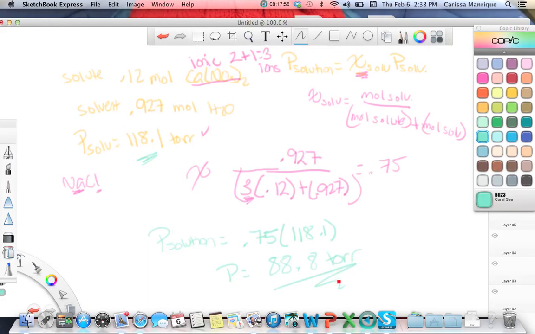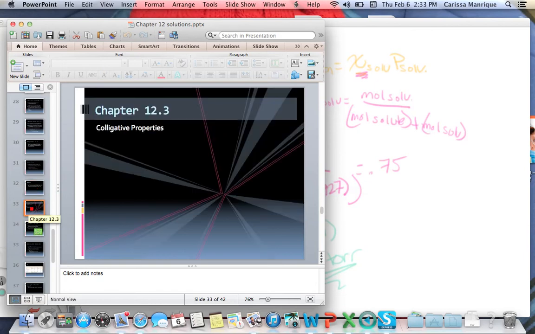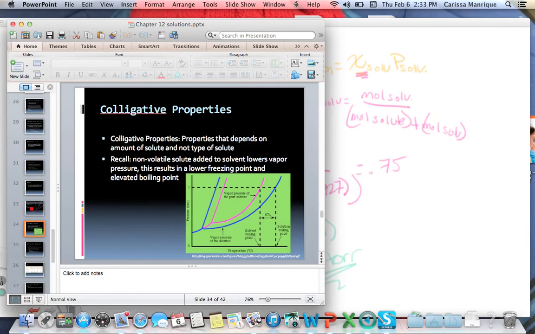So an ionic compound will always have more of an effect. We usually use the word salt. Adding a salt or ionic compound to a solution will always lower the vapor pressure even more. So that's how you can calculate the effects on vapor pressure of adding a solute.